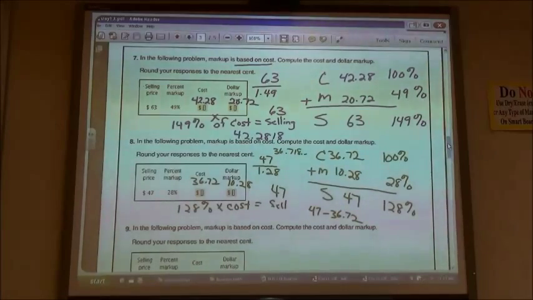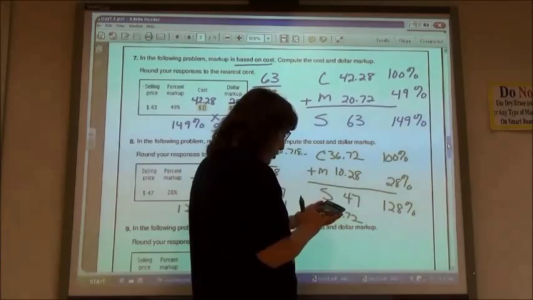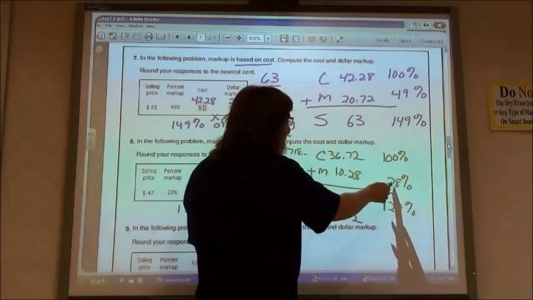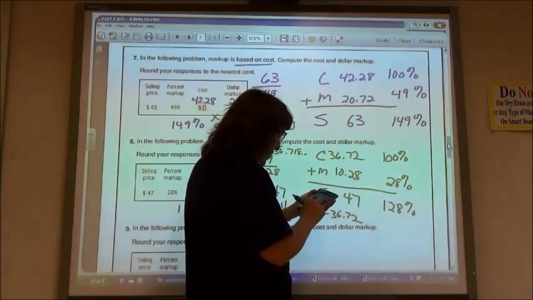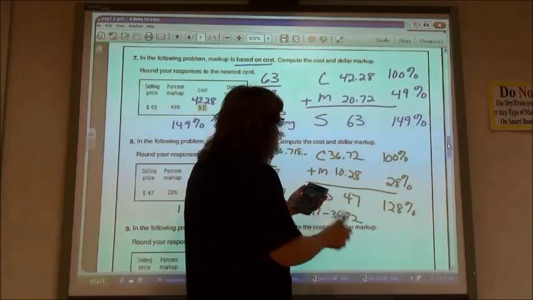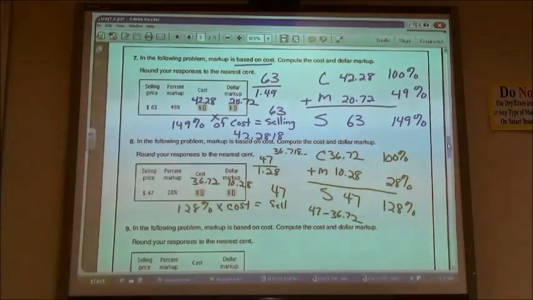And again, if you just wanted to double check yourself, you could use the percent. 28%, 0.28 of my cost times my 36.72 should give me my markup amount, $10.28, and sure enough it does.